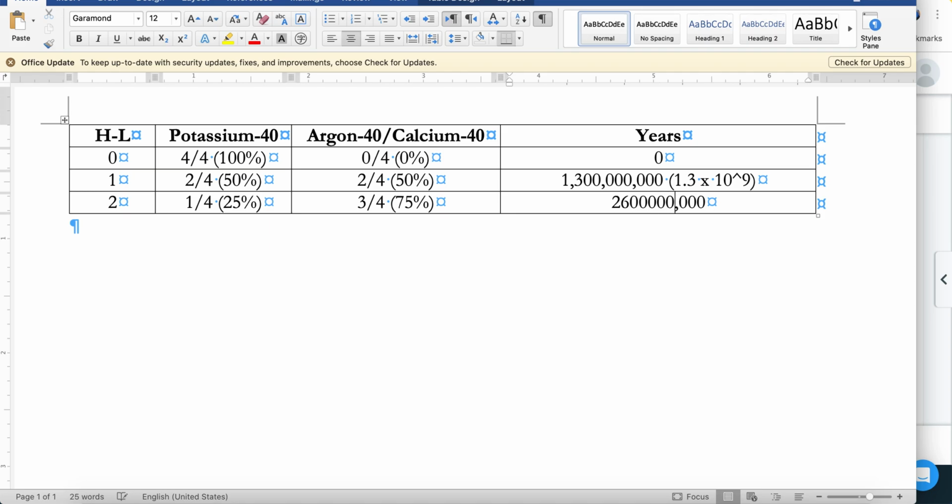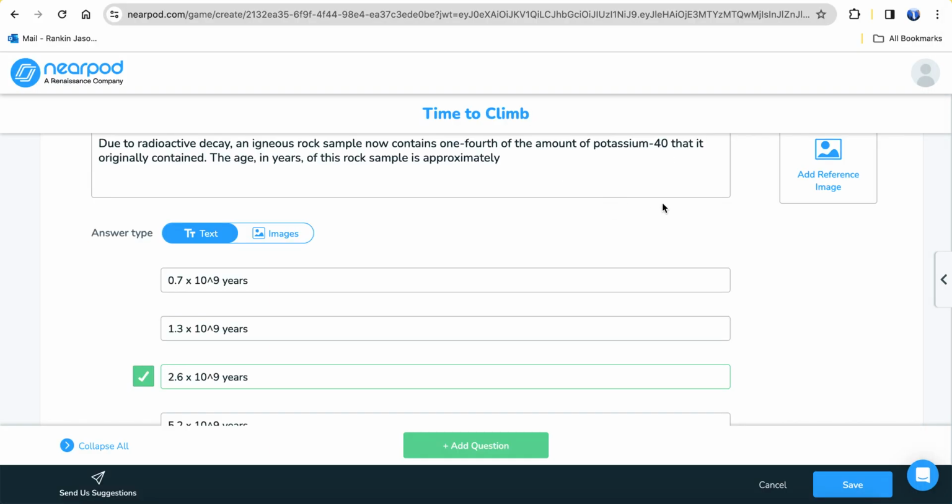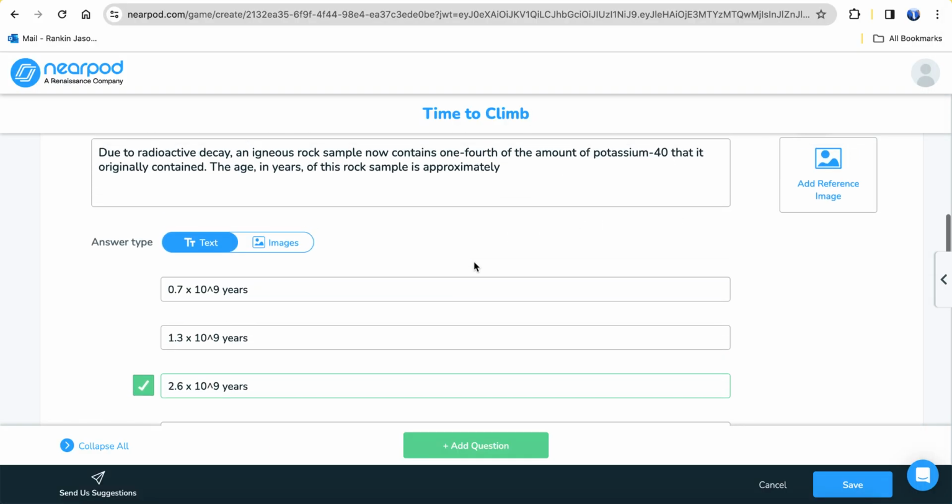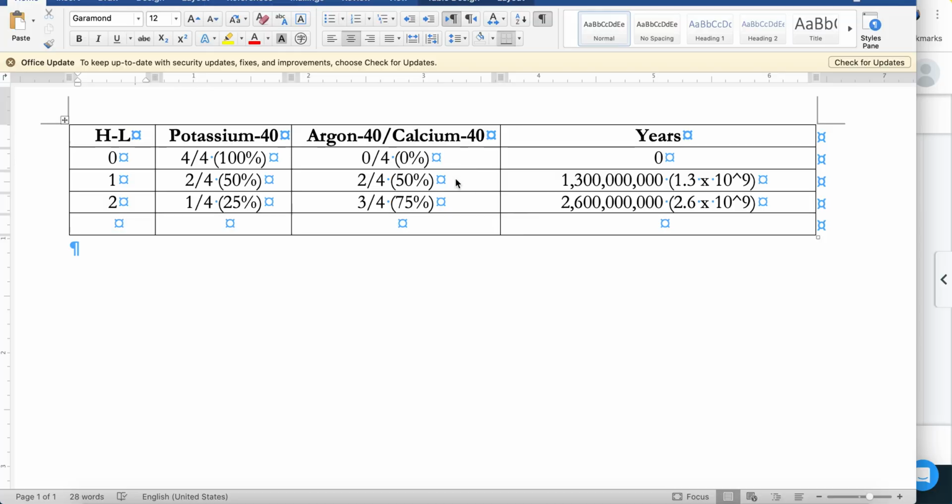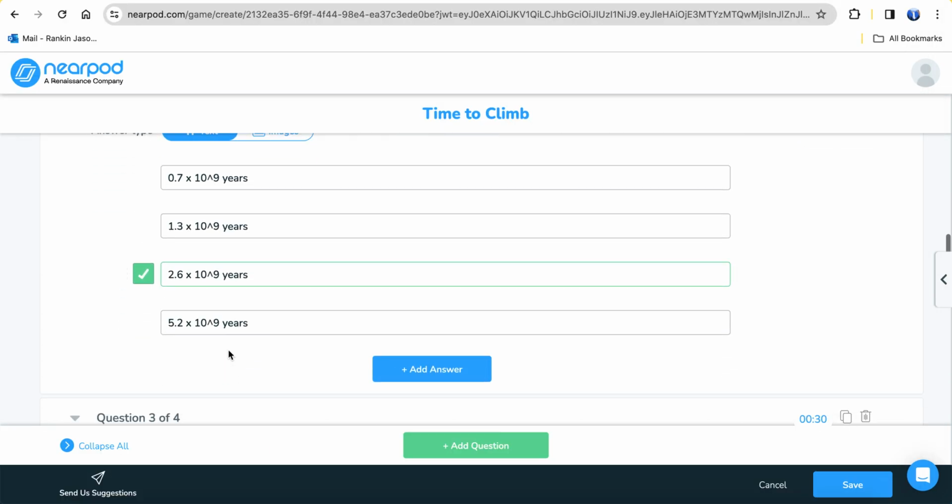We add our commas, and this is 2.6 times 10 to the 9th. That's our answer. We want 1/4, which is 2 half-lives. We should have 2.6 billion, 2,600,000,000, or 2.6 times 10 to the 9th power. That's what we have here.